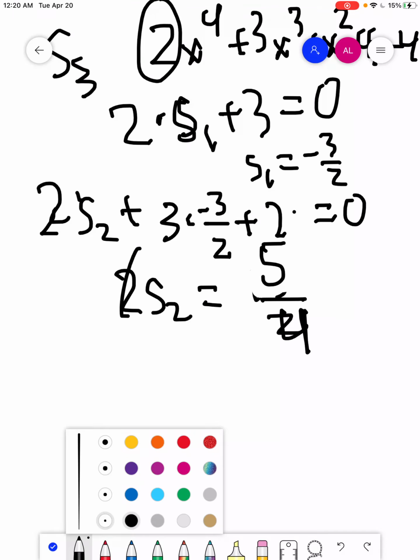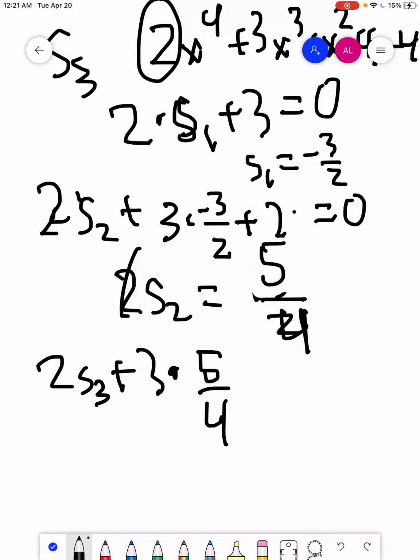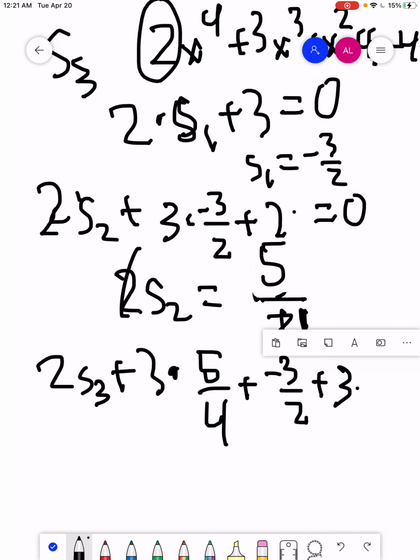Very exciting. 2 s3 plus 3 times s2 plus negative 3 over 2 times 1 plus 3 times negative 4 equal to 0.